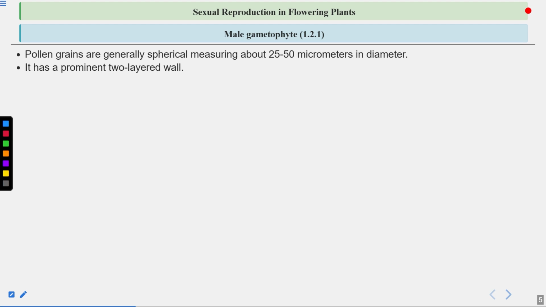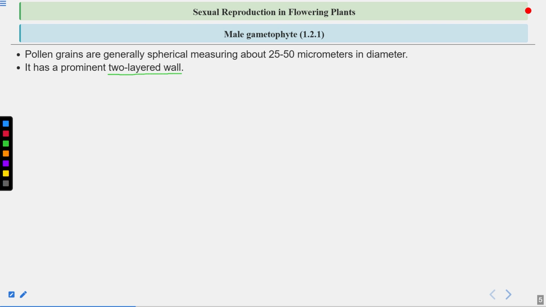So it has a prominent two-layered wall. We have discussed about the two-layered wall. Can anyone tell me what are the two layers of the pollen grain wall? You can give the answer in the chat box.